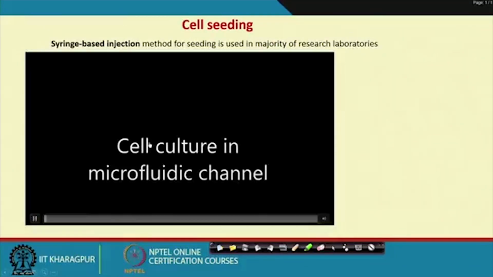The principle is that you are forcing the cell suspension through the fluidic channel into the culture area, and then excess media will go out. So, before going to this system, you have to sterilize the microfluidic setup in a petri dish by autoclaving, then you keep it in the laminar hood.